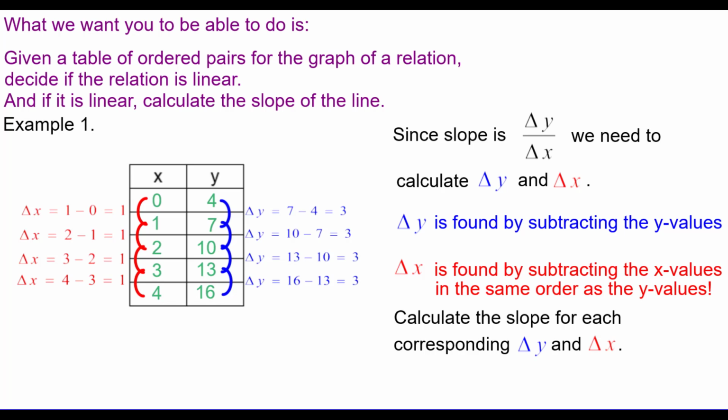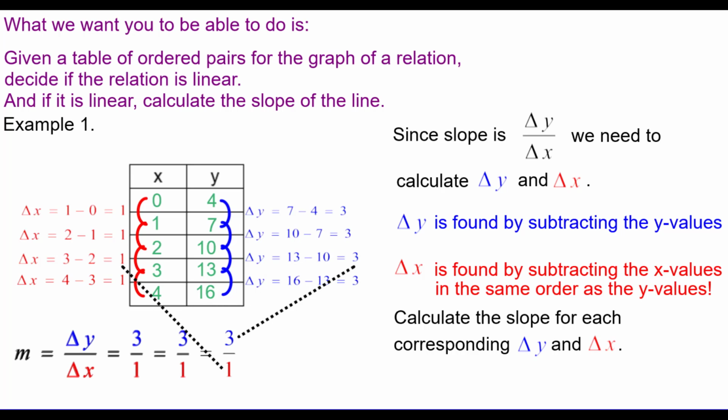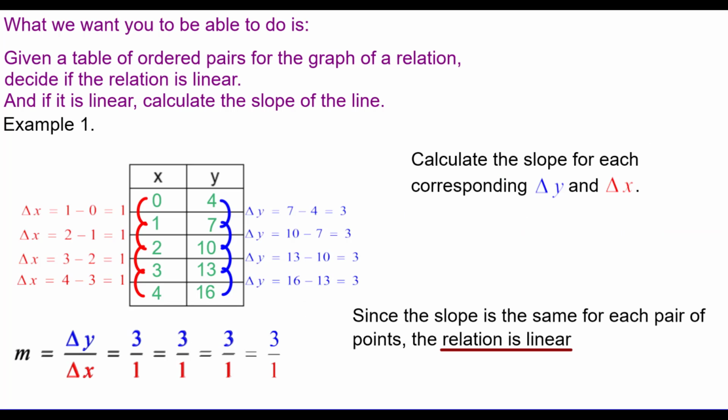Now we need to calculate the slope for each corresponding change in y over corresponding change in x. And so for the first one, it will be 3 over 1, 3 over 1, 3 over 1, and surprisingly 3 over 1. Since the slope is the same for each pair of points, the relation is a linear relationship, and the slope of the line is 3 over 1, or just positive 3.